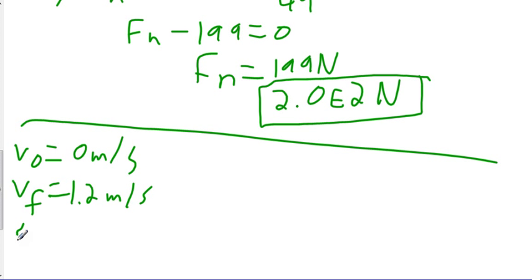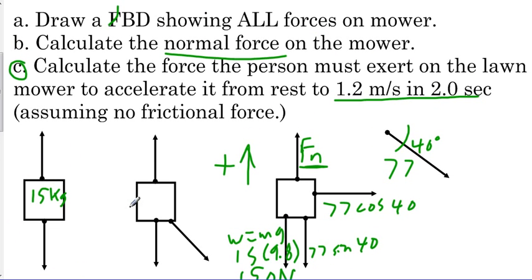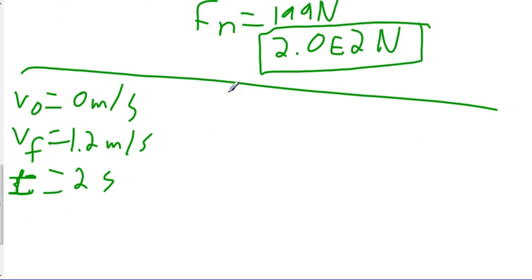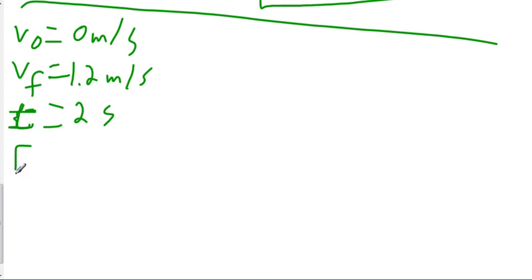We know that our time is 2 seconds. And now, what we are asked to find is the force the person must exert on the lawnmower to accelerate it from rest to that rate. Okay, so we are looking for the force.